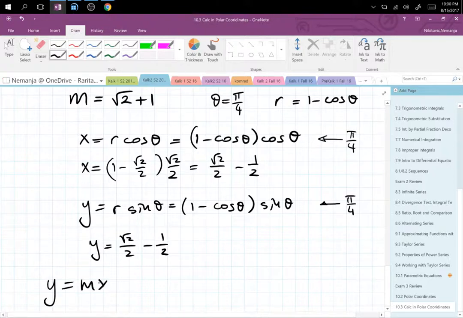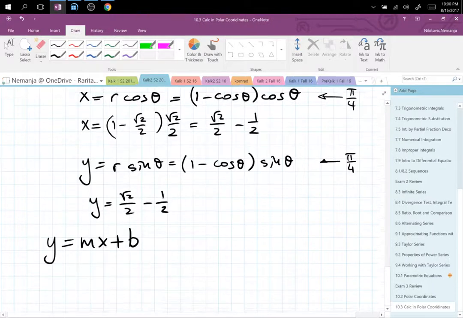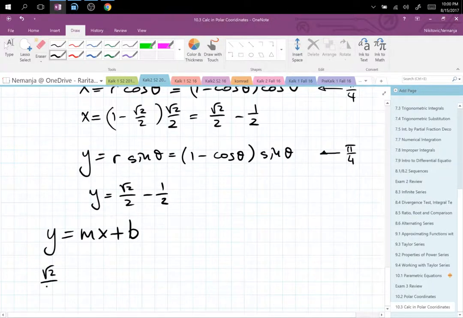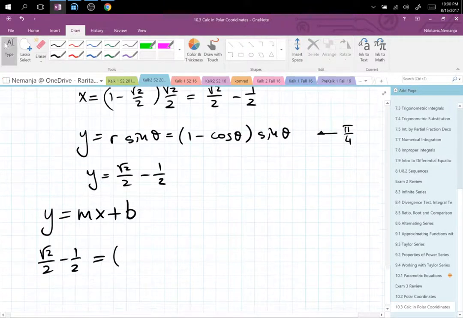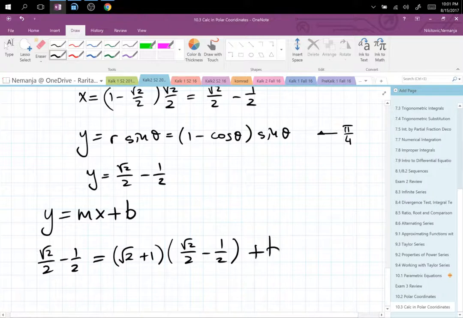Y equals mx plus b. Y is root 2 over 2 minus 1/2 equals m, which was root 2 plus 1, times x, root 2 over 2 minus 1/2, plus b. And there's your b.